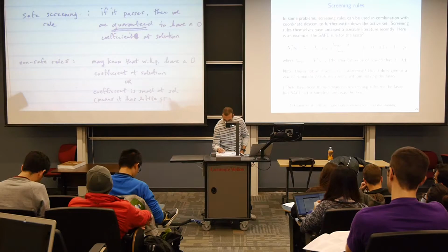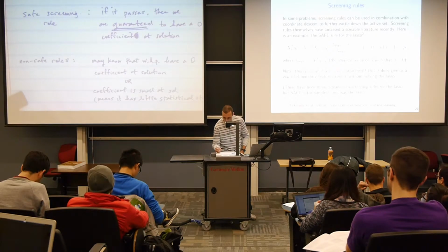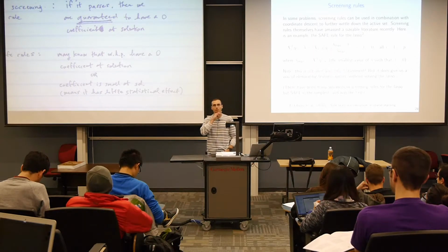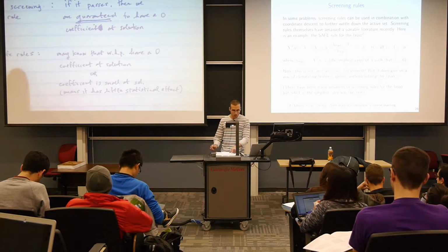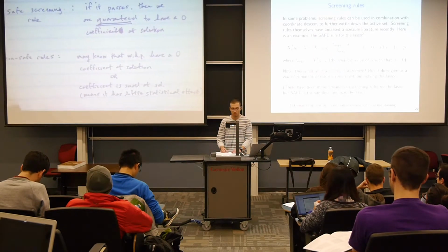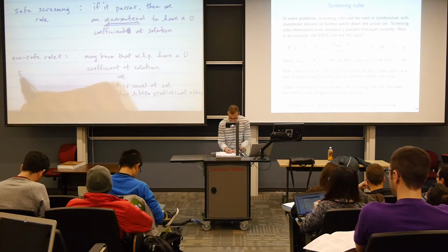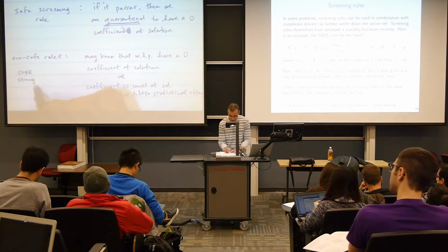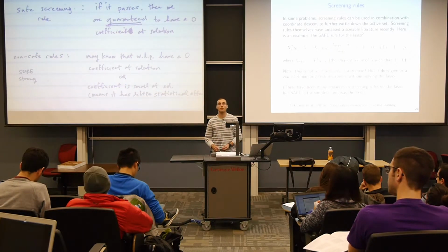So excluding that variable may not have been a big deal because in my model for the mean of y, the coefficient may have been small, so it didn't have a big statistical effect. So rules that are of this form, there's a few rules. There's one called sure screening. And there's also strong screening. There are some papers on these topics.